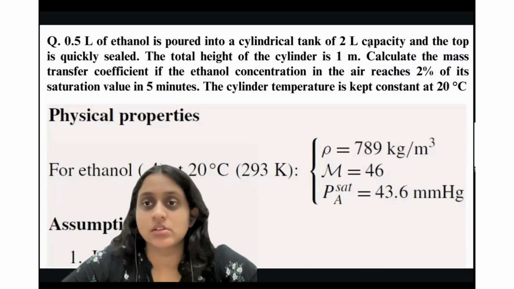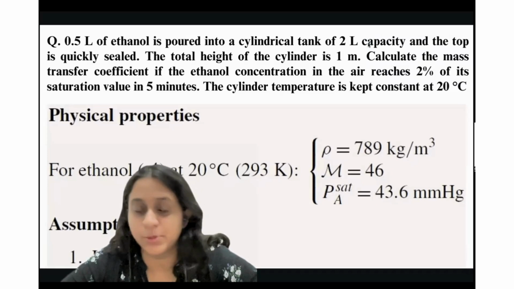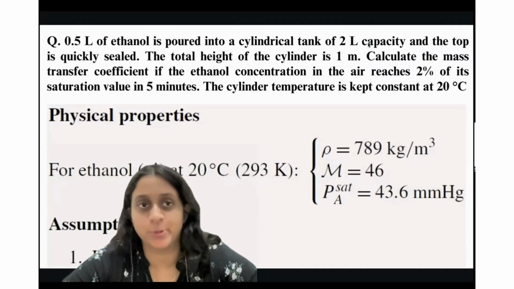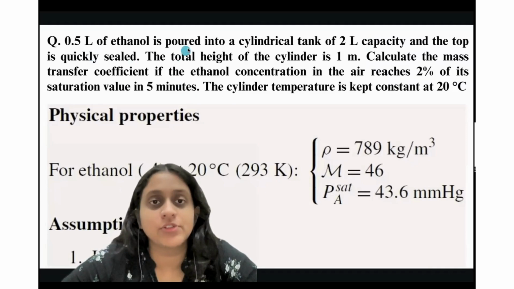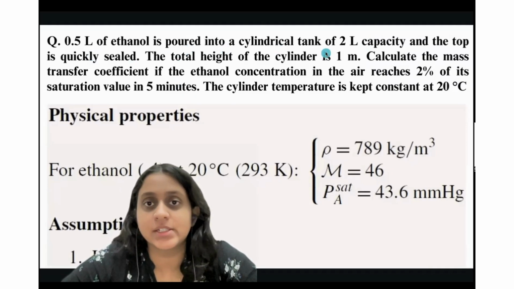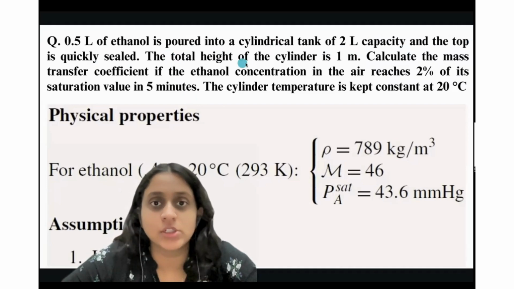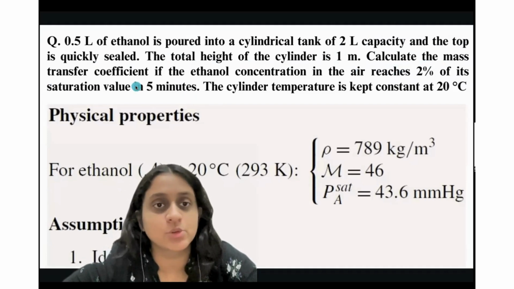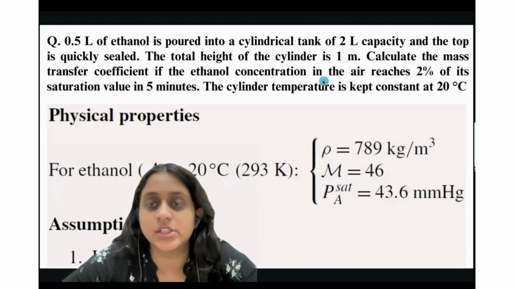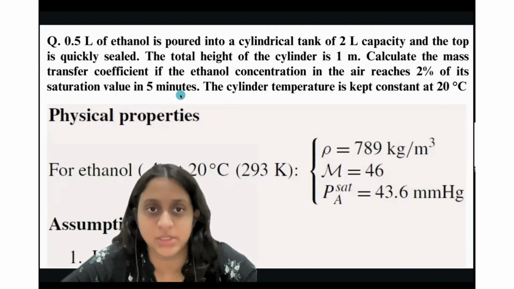To analyze the rate equation which we studied right now, let's solve some numerical and understand it better. The numerical is: 0.5 liter of ethanol is poured in a cylinder tank of 2 liter capacity and the top is quickly sealed. The total height of the cylinder is 1 meter. Calculate the mass transfer coefficient if the ethanol concentration in the air reaches 2% of its saturation value in 5 minutes.